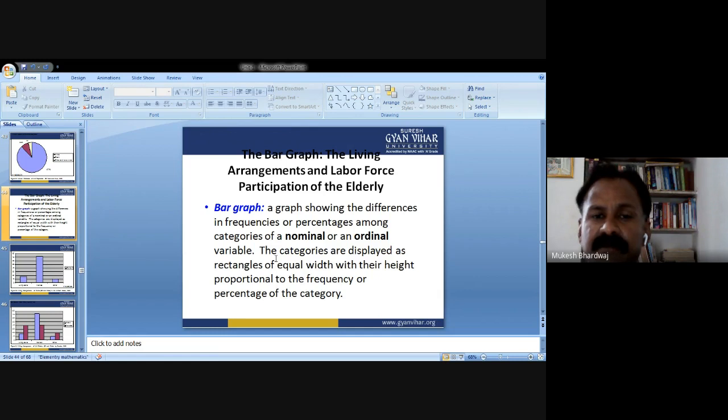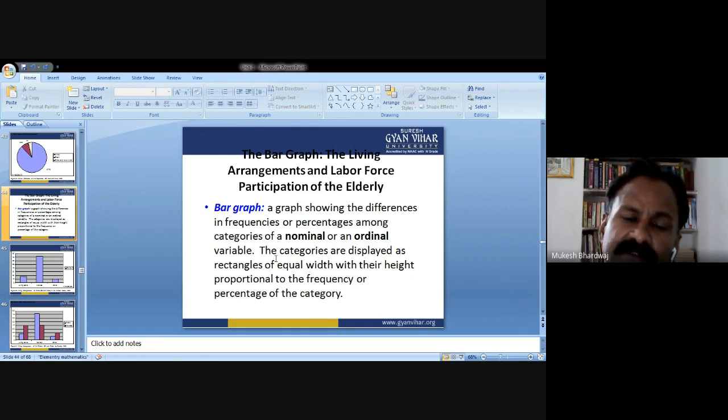He is saying that a bar graph is nothing but a rectangular form of diagram having equal width, and the height varies according to the frequency or percentage of the category. Okay.